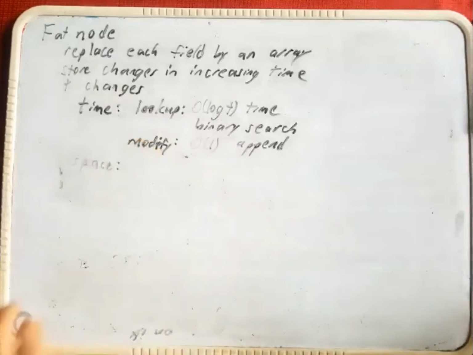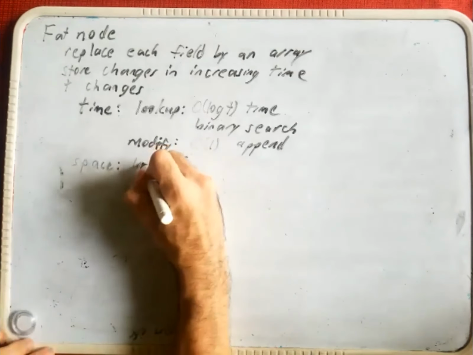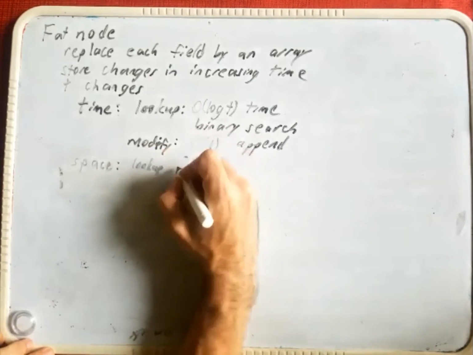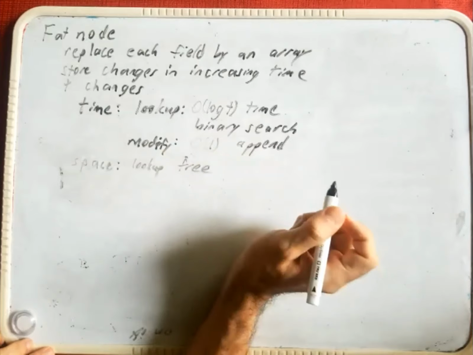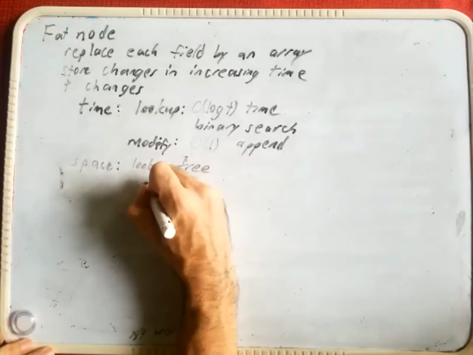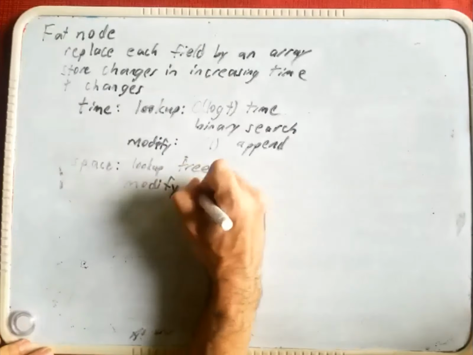But this isn't the only quantity that we're interested in for our data structure. There's also the issue of space, right? This is an important issue in any kind of version control system, how much space you're using to store all the different versions. So what's the space cost of making a modification? Actually, first of all, notice that lookups don't have any space cost because they're read-only. They don't write anything. But what's the space cost of a modification?